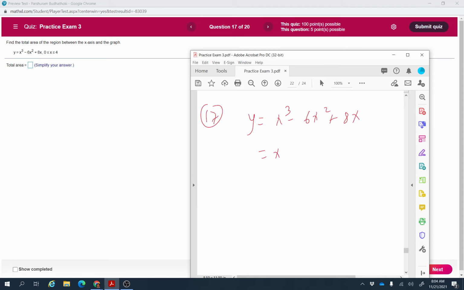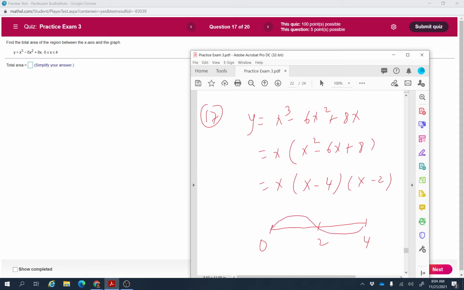If you factor out x, it's x squared minus 6x plus 8, which is eventually x minus 4 times x minus 2. That tells you where this function is 0 and where it is not. So at 0 it's 0, at 2 it's 0, and at 4 it's 0.